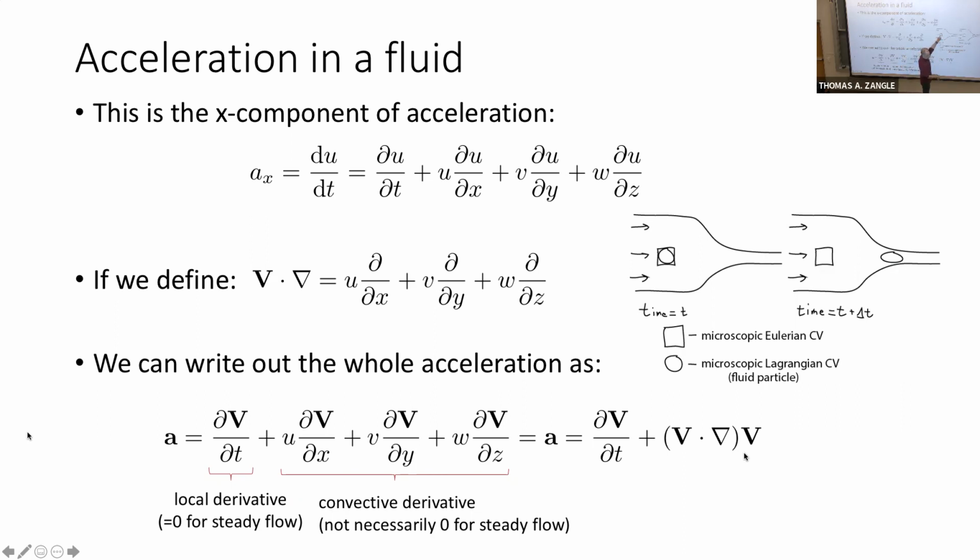But if I'm sitting on a particle, living within a fluid particle being swept through this system, I will experience an acceleration as I move from this region of large area to this region of small area. My velocity changes, therefore that particle has to accelerate. And that's captured by this convective derivative term, which captures the acceleration of fluid particles even in a steady flow. It's kind of a weird concept.